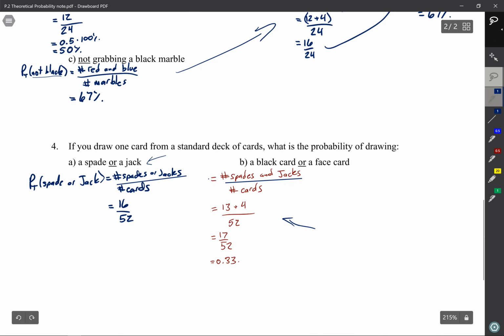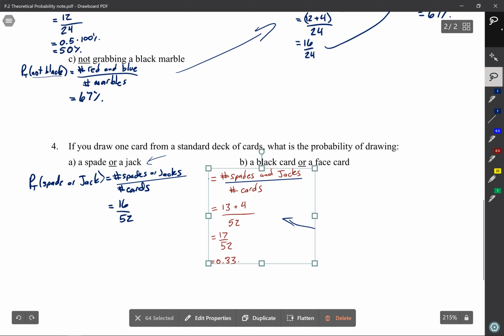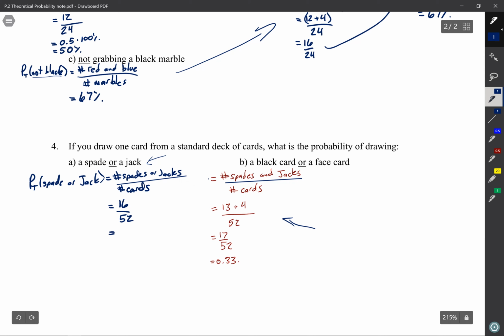So I can do 16 divided by 52, and that's 0.31, which is 31% after I multiply it by 100%. We do notice that it's a slight difference, but it's enough that if you had performed the question counting your jack of spades twice, you would have come up with the wrong answer.